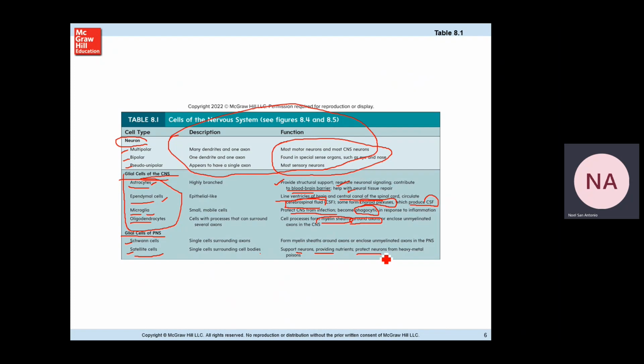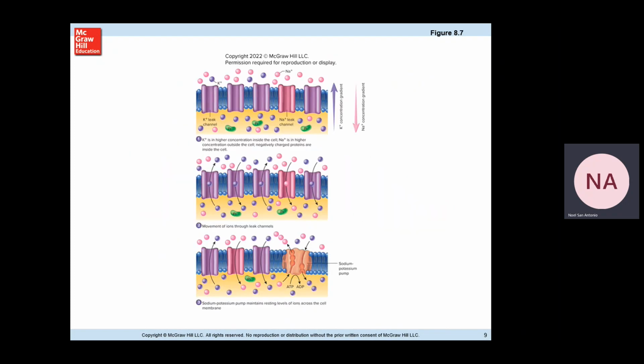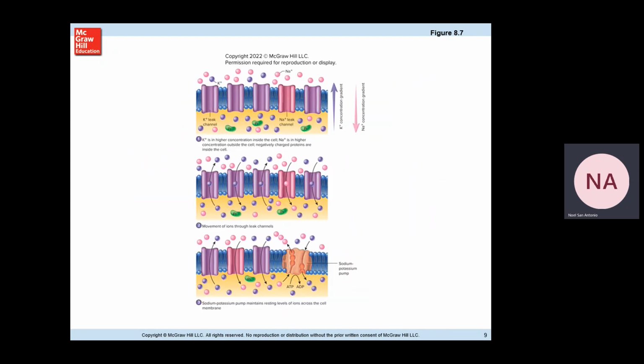So take note of this table, because Table 8.1 summarizes the description and functions of the two main cell types in the nervous system, your neuron and your neuroglia, or the glial cells. Okay, so we are finished basically with the general organization in the nervous system.